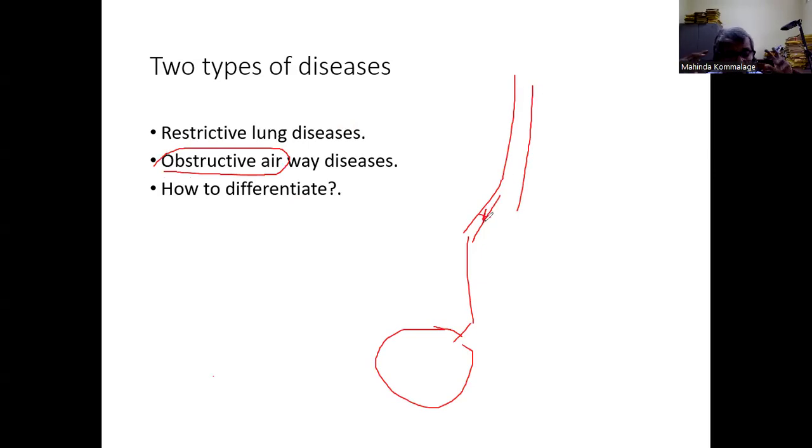If there is an airway obstruction, the main problem is the expiratory rate, and from the alveoli, air cannot be moved out quickly because of the airway narrowing. Obstruction or narrowing, with that we call it obstructive airway disease, right?